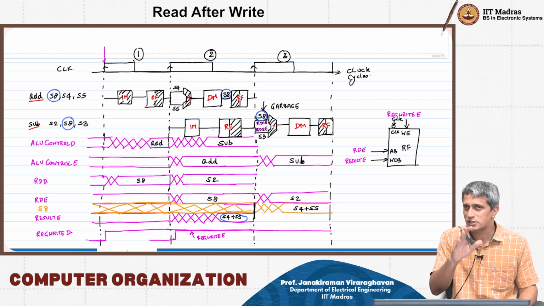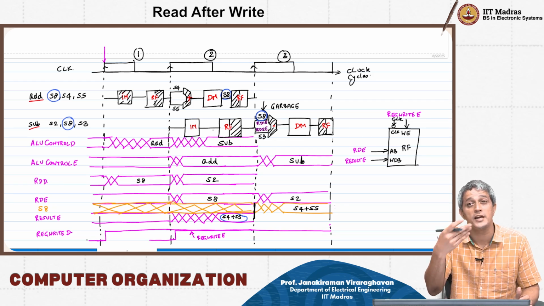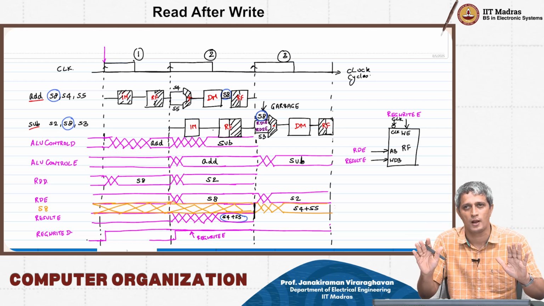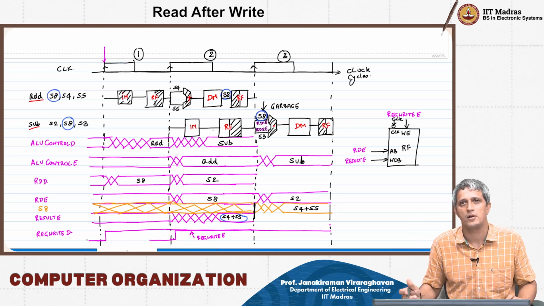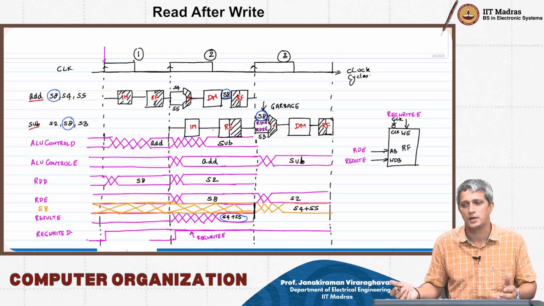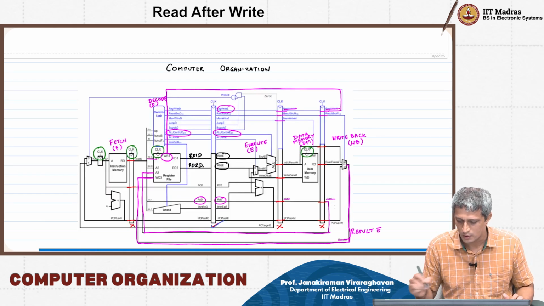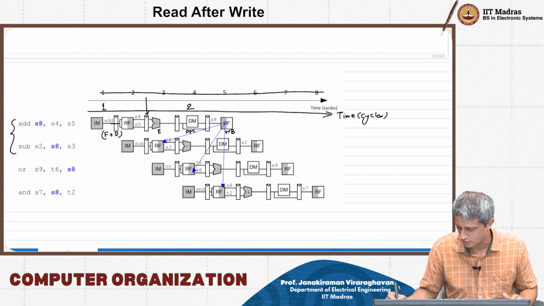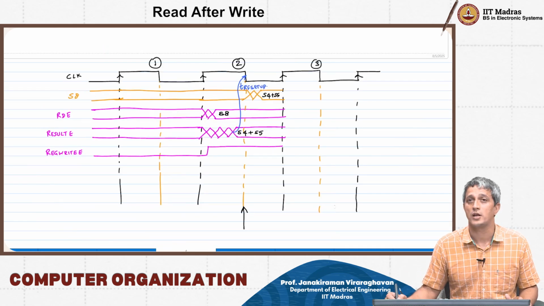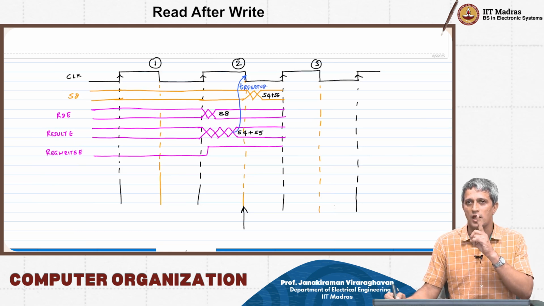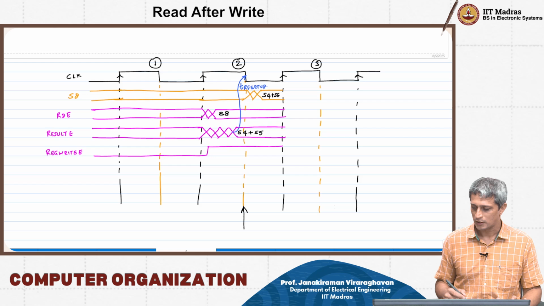Just putting a flip-flop after that combinational register file made the read also sequential in some sense, which means unless the clock comes, the RD1E, RD2E will not be available for the ALU to use. And for that reason we had to employ the clock bar for the register file to use appropriately.